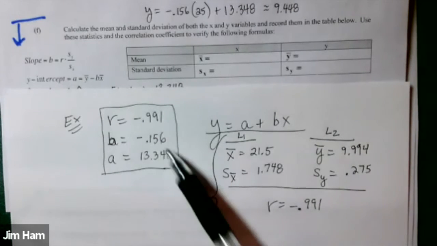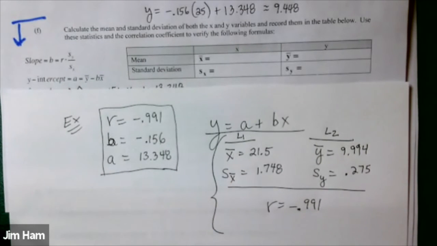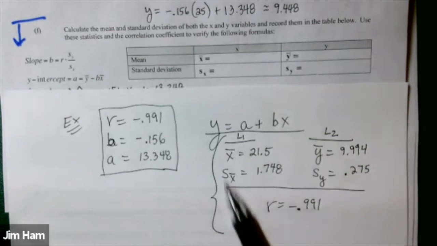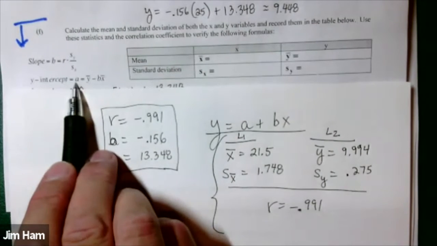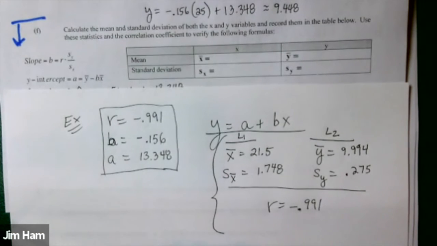I wrote these numbers down just because the calculator calculates them for us. But to confirm these formulas, let's use these numbers right here. The first formula you can see here is the y-intercept, A, which is equal to the mean of the y's minus B times the mean of the x's.